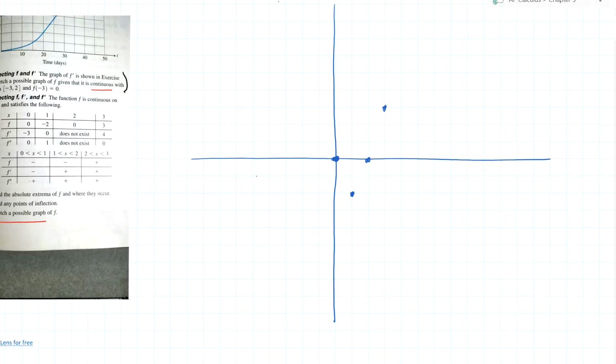Okay, so we're looking at something like that. Let's look at f prime. f prime at 0 is negative 3. So I'm going to draw my little slope. It's pretty steep right here. f prime at 1 is 0, so it's going to be flat. f prime at 2 does not exist, and f prime at 3 is really steep.